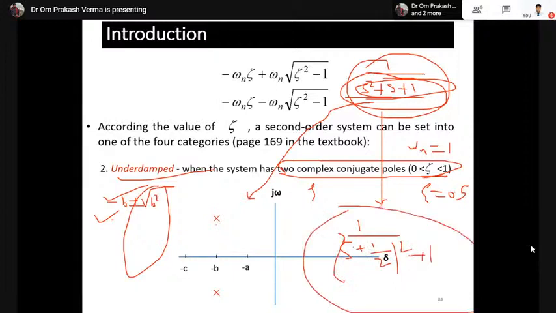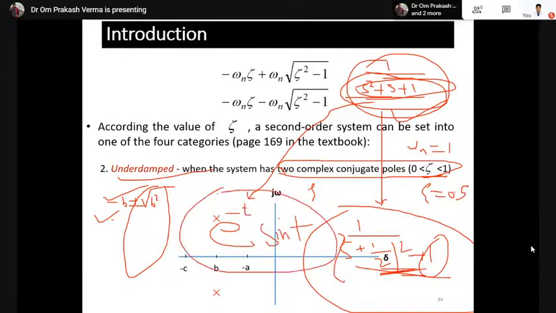I don't know the exact value, you can solve it with mathematics. Ultimately you will get a form like e to the power minus t sine t, because when you take this type of Laplace inverse, this type of response will come.